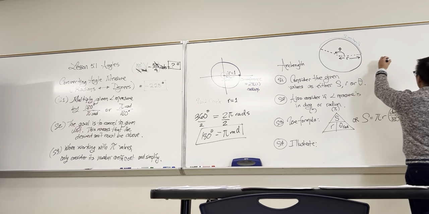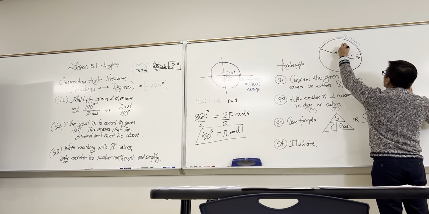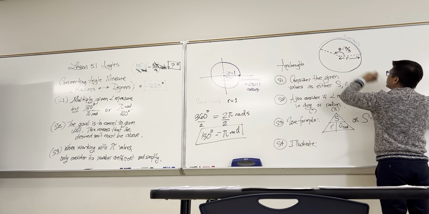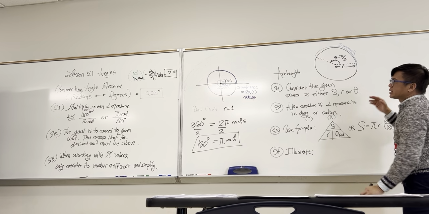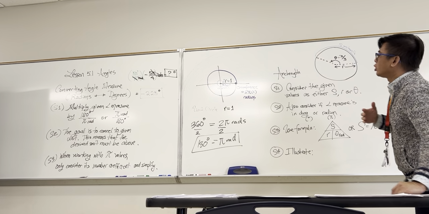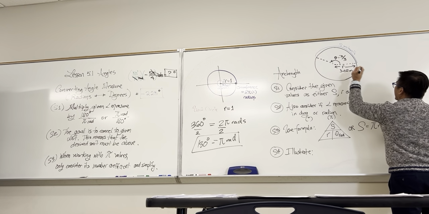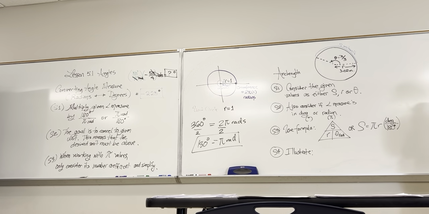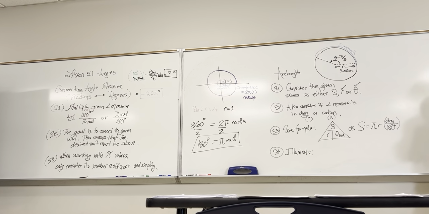So for number 41, we can draw it like such. Your theta is what? Pi over 3 radians, right? Your r is how much? 5.02 miles, right? So your radius in here is 5.02 miles. Good. So check. We got the r, we got the theta.